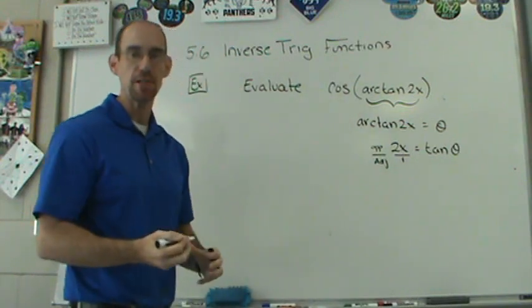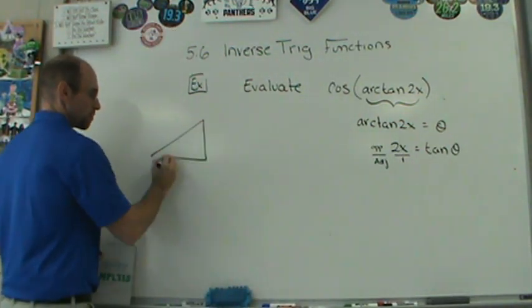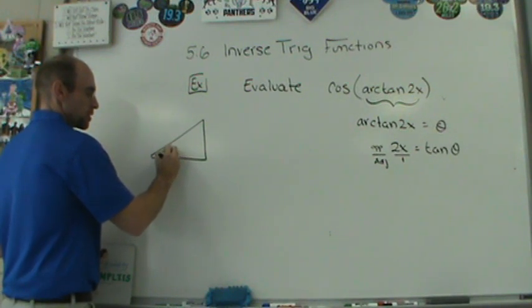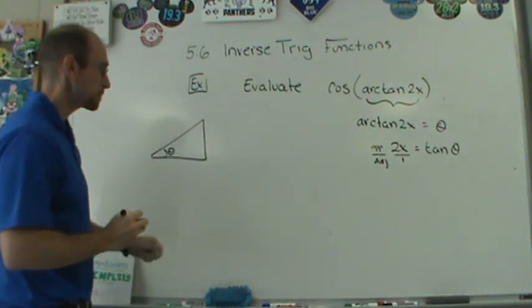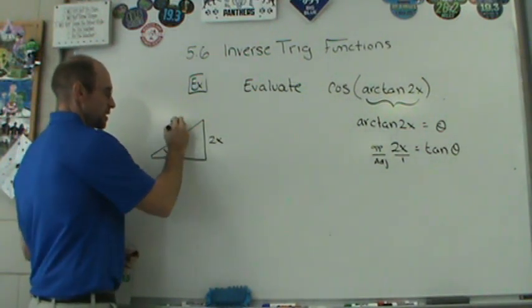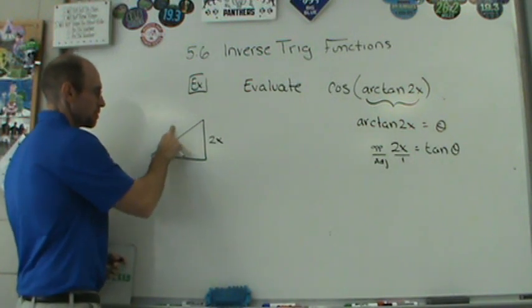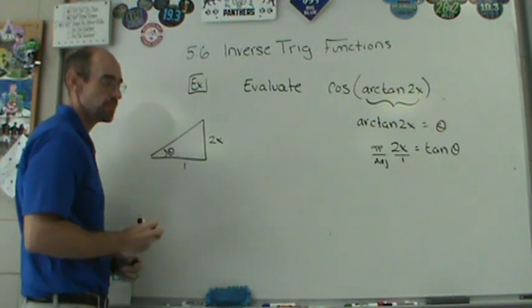We can use that information to build a triangle. So let's build a triangle. We're going to use theta as our angle this time. Opposite is going to be 2x, and the 1 is not adjacent, that's hypotenuse. Okay, so adjacent is 1.